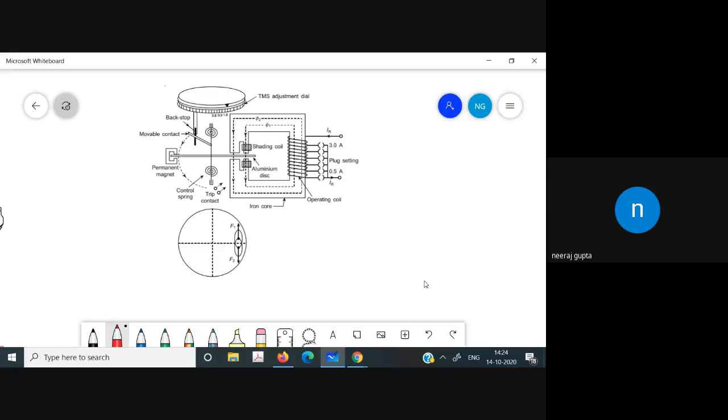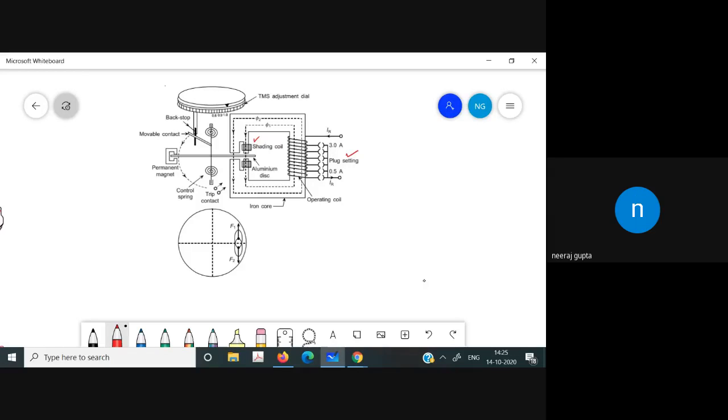In this case, as we have discussed the plug setting in the last lecture, we inserted the plug for getting different numbers of turns and different values of the current. So plug setting is in the case of electromechanical relays.